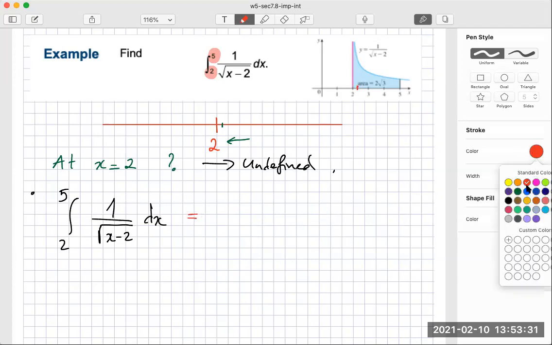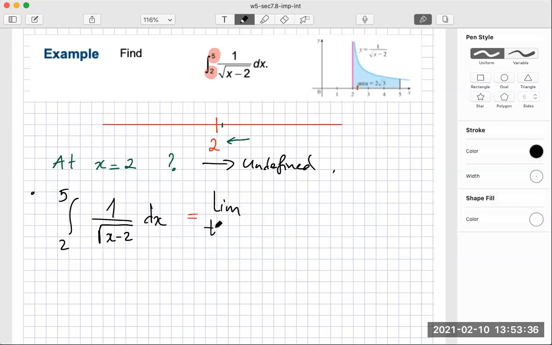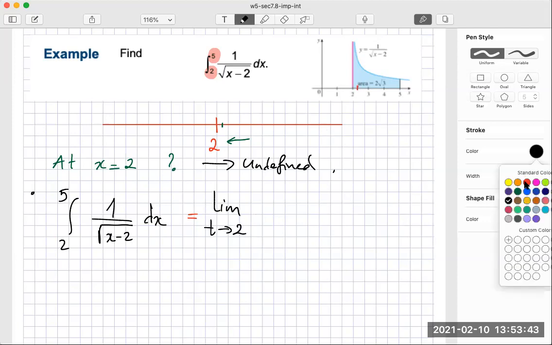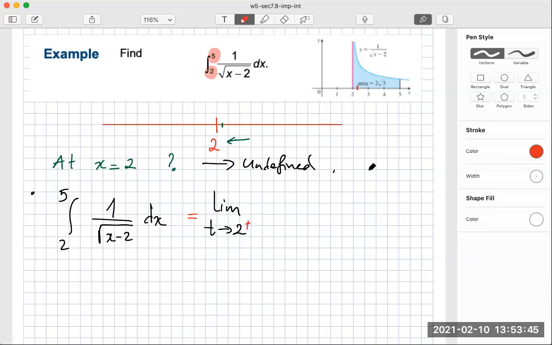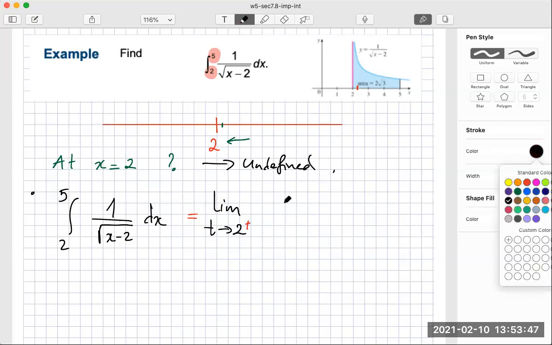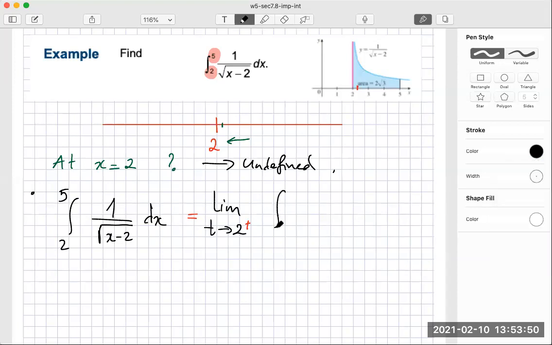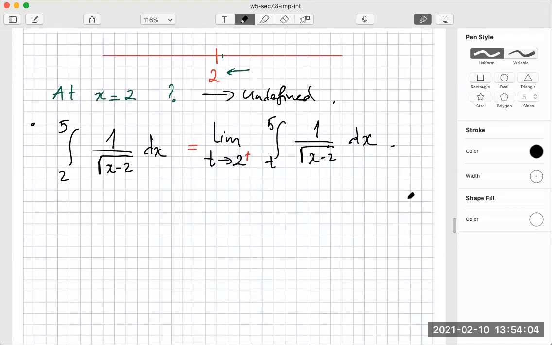Then this limit will be the limit when t approaches this lower bound, but from the right side, of the integral from t to 5 of 1 over the square root of x minus 2 dx, right? Very good.